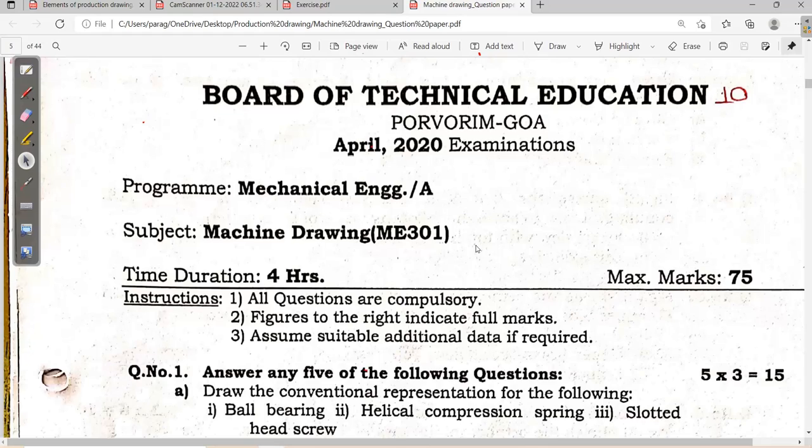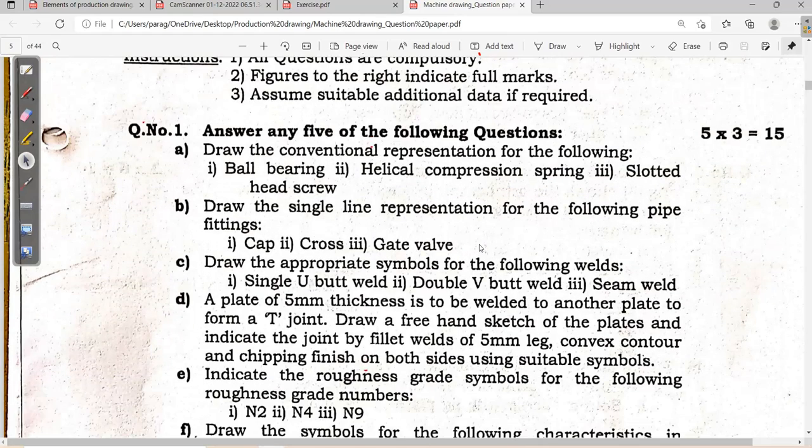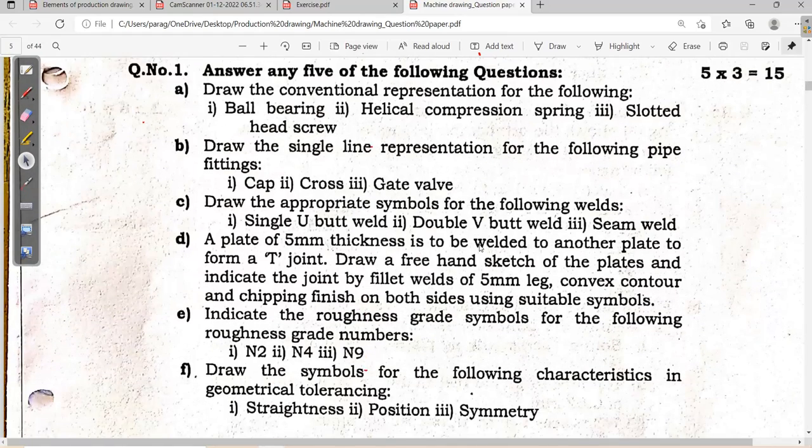See the welding chapter, welding and pipe fitting. Just try to solve these questions. Different types of questions they have asked. This is my last class of drawing, right?